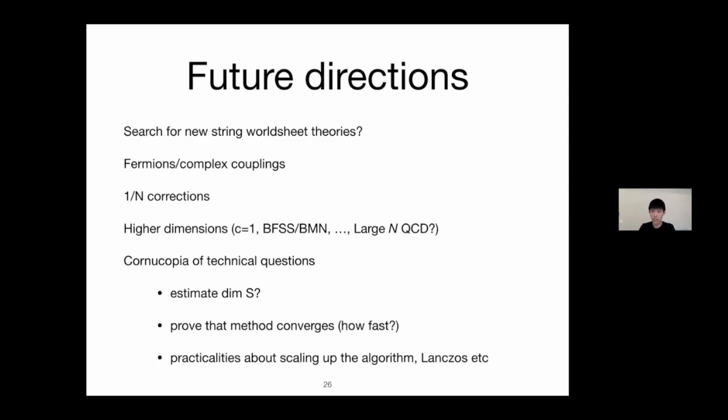Another direction is to try to compute 1/N corrections. So far, I've only been discussing the strict large N limit, not even 1/N corrections. And it would be interesting to try to compute these using an approach inspired by positivity. Of course, we would also like to generalize to higher dimensions. Even one dimension is quite interesting because there's the C=1 matrix model, there's the BFSS matrix model, there's the BMN matrix model.